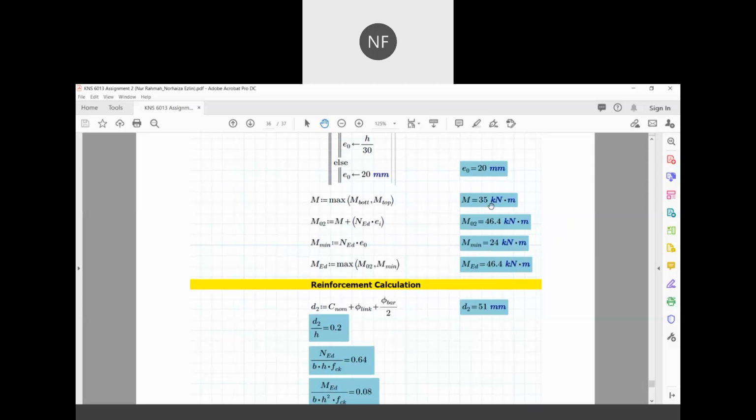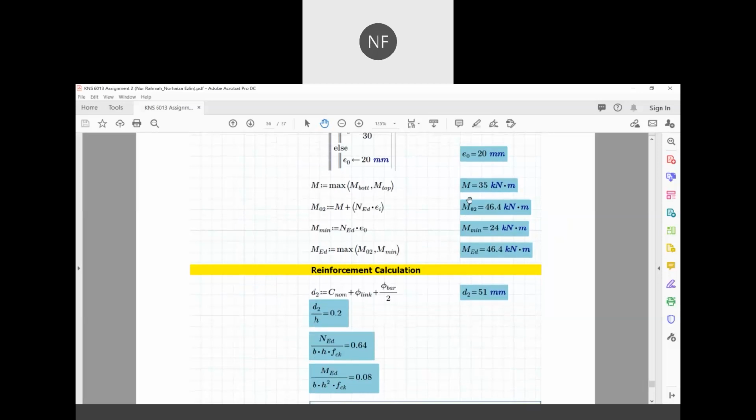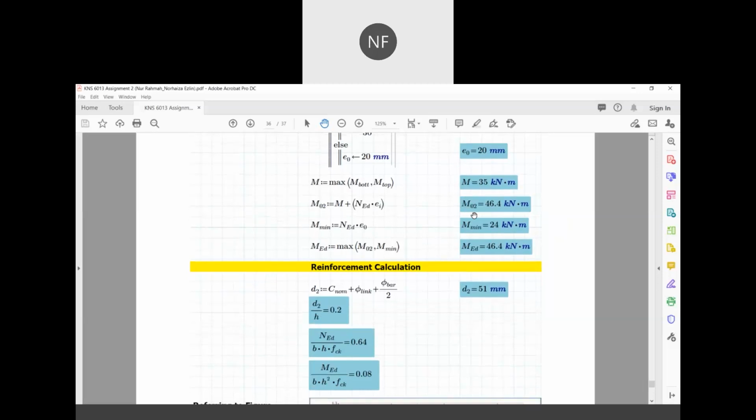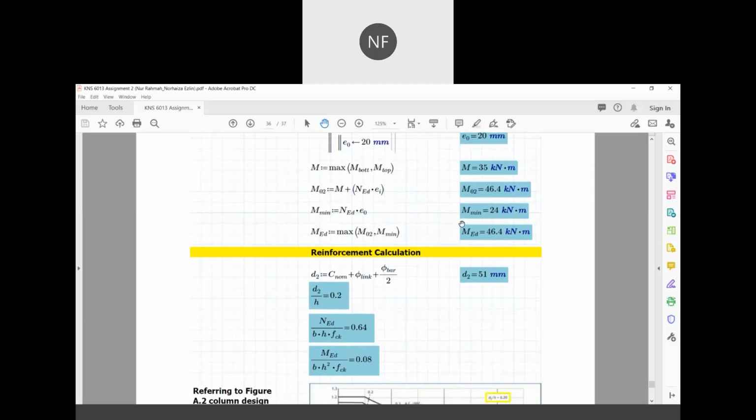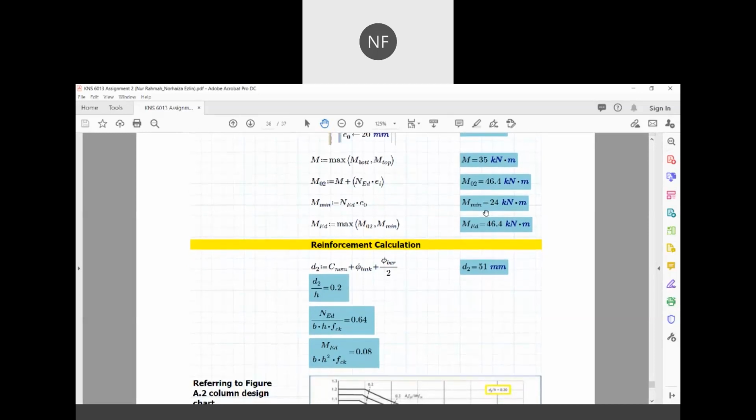So the M is equal to 35 kilonewton meter, and the M02 is equal to moment plus the axial load multiplied with the eccentricity, equal to 46.4 kilonewton meter, and then the minimum bending is equal to axial load multiplied with the e naught and equivalent to 24 kilonewton meter, and the design moment is equal to the maximum number between the M minimum and the M02, and it is equal to 46.4 kilonewton meter.